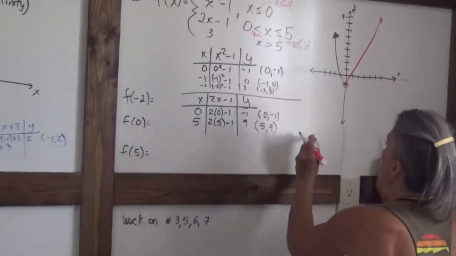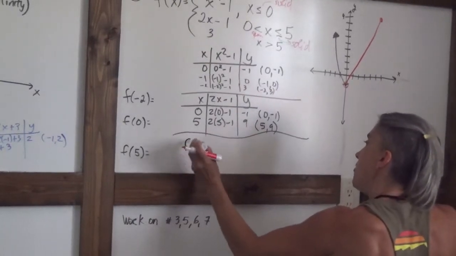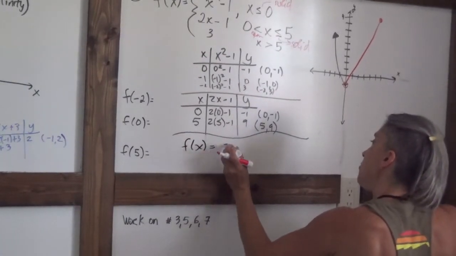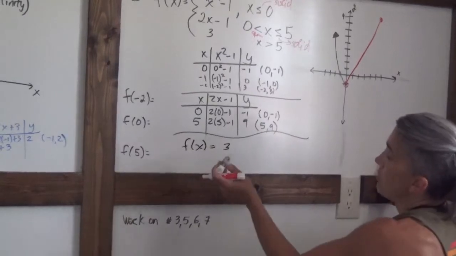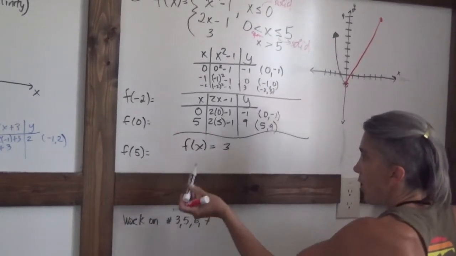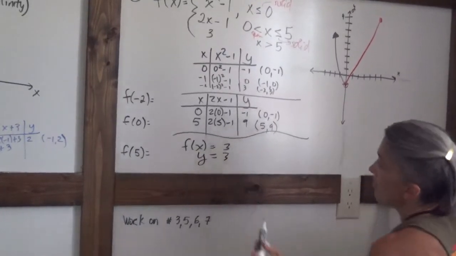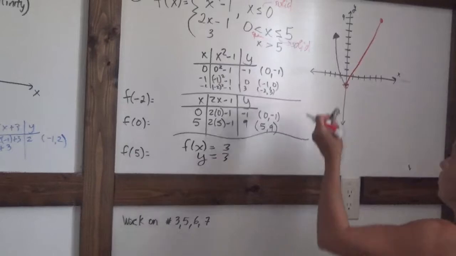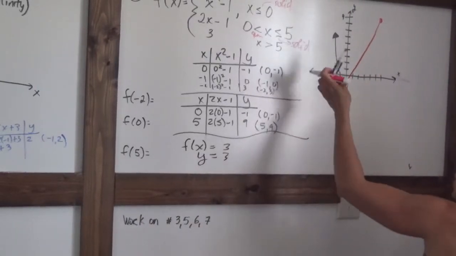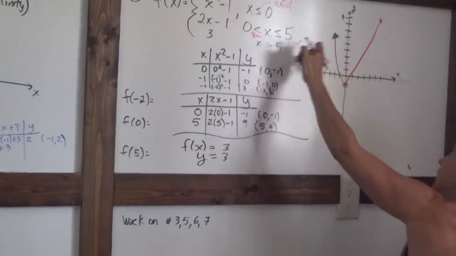Alright, last one. This is very different. Here I'm saying f of x equals 3. Well, remember, what does f of x stand for? f of x is our range, our output, which is y. Anyone remember how to graph y equals 3? Well, here's my y-axis. y equals 3 is going right through 3 as a horizontal line.